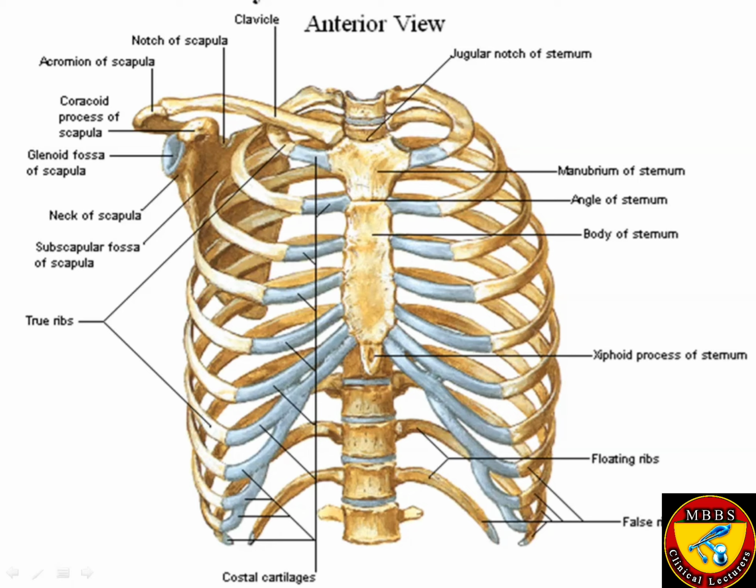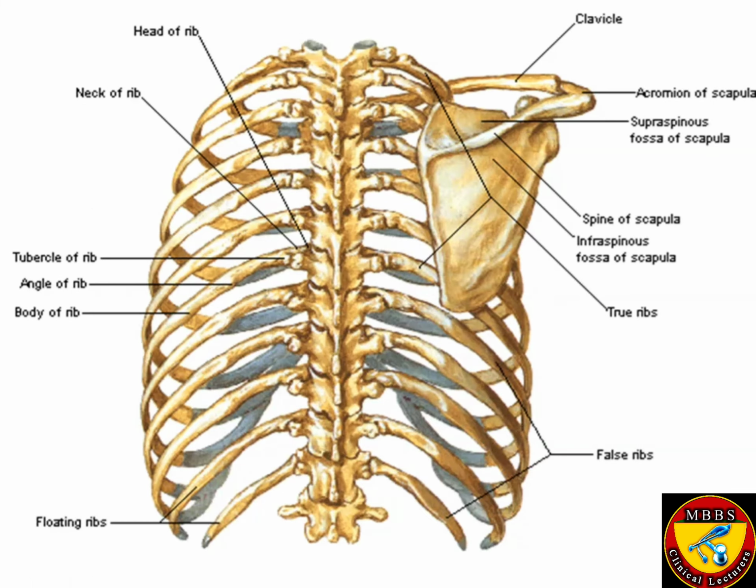It is present on the posterolateral aspect of the thoracic cage, extending from the second rib up to the seventh rib. This image is the posterior view of the skeleton of the thoracic region, which is showing the scapula present on the posterolateral aspect of the thoracic cage. Different views are shown so that you can understand the exact location of the scapula.